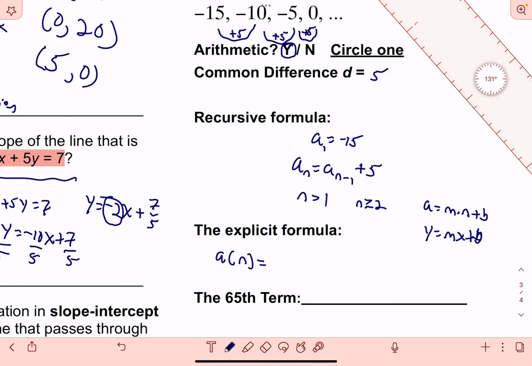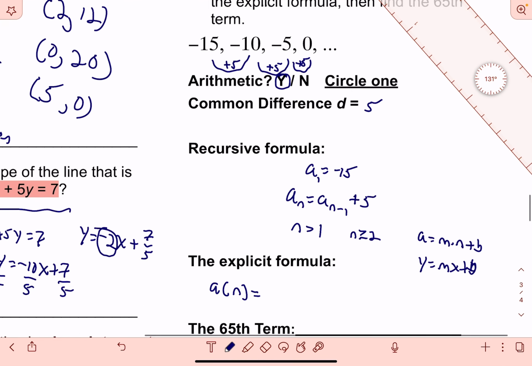The slope of the explicit formula is just the common difference. If you look at this, aren't we adding 5 each time the counter goes up by 1? So the slope, the m, is 5 over 1, which is 5, just the common difference. So we have a sub n equals 5n plus b.